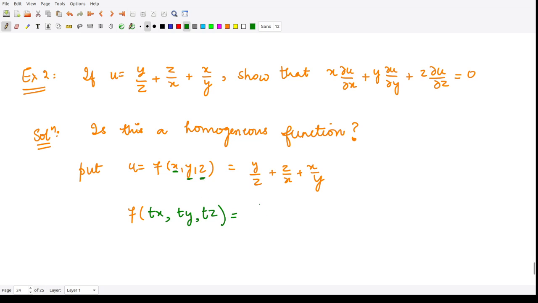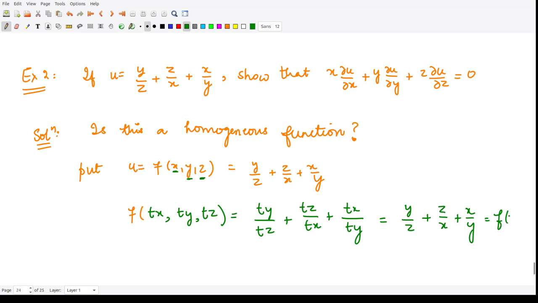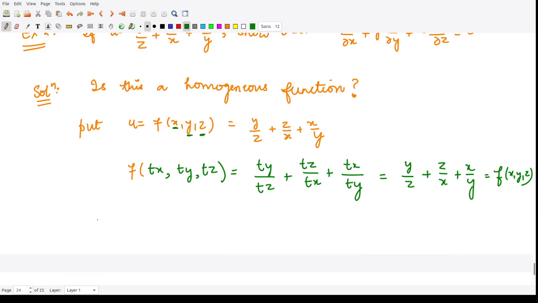So this would become ty by tz plus tz by tx plus tx by ty. So you could cancel out these terms, and you would have y by z plus z upon x plus x upon y, which is the same as the given function of x, y, z. That means it behaves as a homogeneous function. So this is a homogeneous function of degree 0.